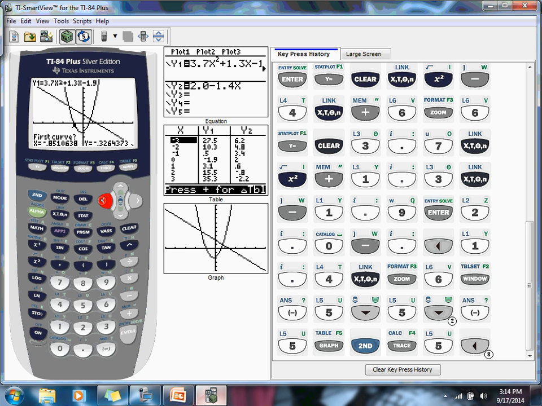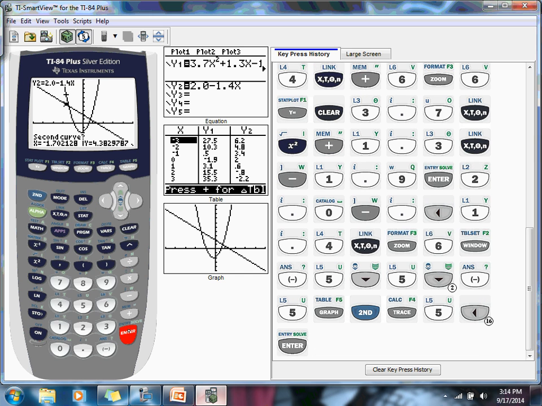The calculator says first curve, and that's the calculator's way of saying, is this your first equation? So you want to make sure the arrow is on the left side of the parabola. It doesn't really matter if it's above the line or below the line, but it just needs to be on that side of the parabola near where that intersection is.